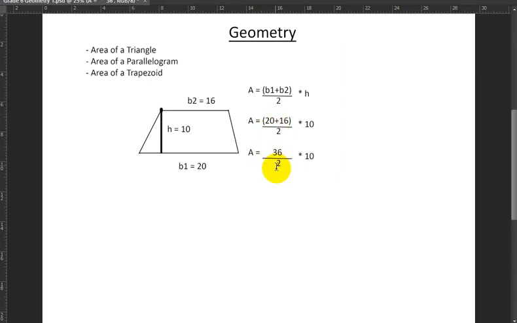And then 36 divided by 2. 36 divided by 2 makes 18. And then we want to multiply that by 10. So my result here is that the area of the trapezoid is 180. That's how I find the area of each of these shapes.